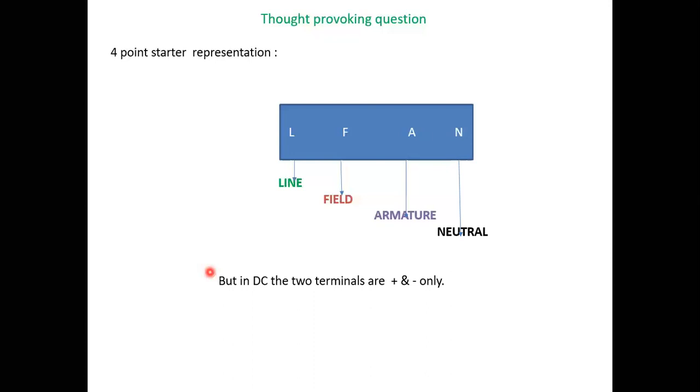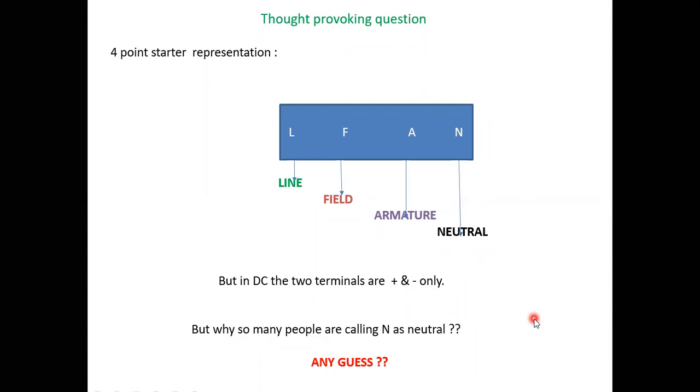Positive and negative only. But why are you saying this point is neutral? Any guess? In your DC system, we will have only 2 points, positive and negative only, not neutral. But why are you saying this N as neutral?